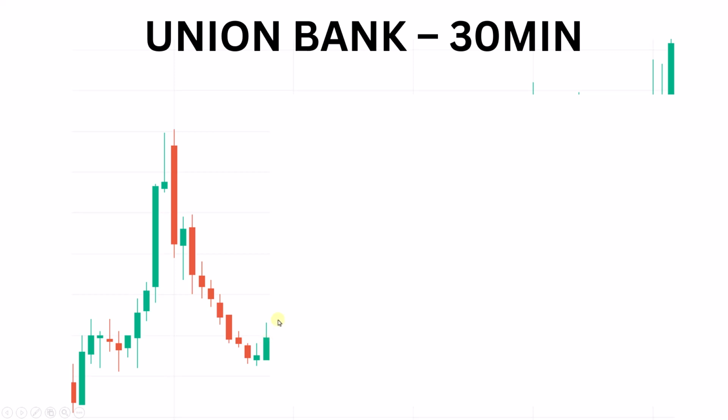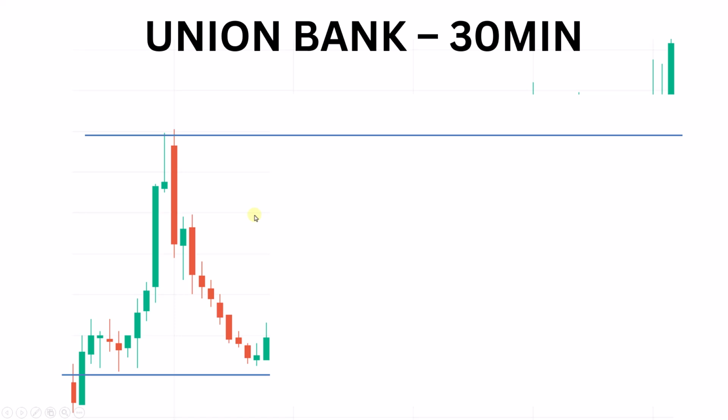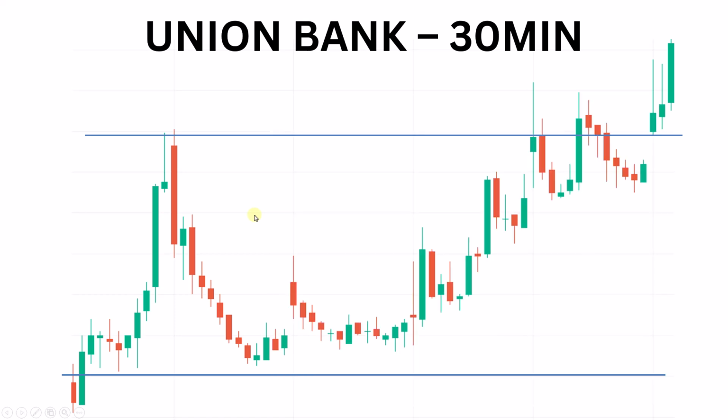The stop loss would be below this, at the lower level, and our target would be here, or here. If we had taken the trade, it would have gone in our favor.